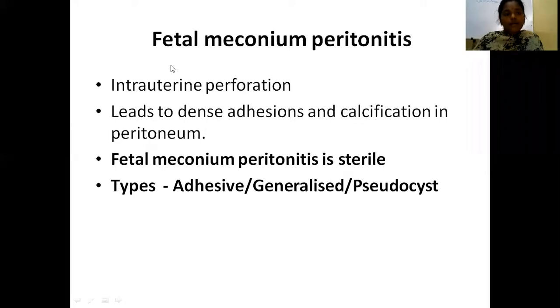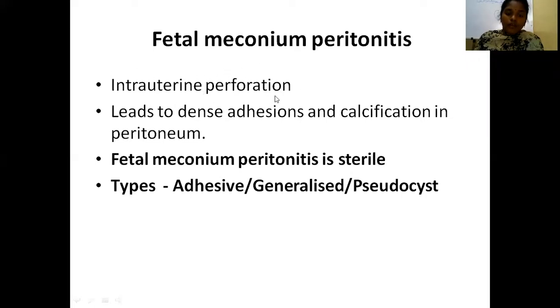There is another term, meconium peritonitis, fetal meconium peritonitis. What is meant by this? As we already know, the pathogenesis of meconium ileus starts in utero. Because of the obstruction, it can lead to intrauterine perforation.